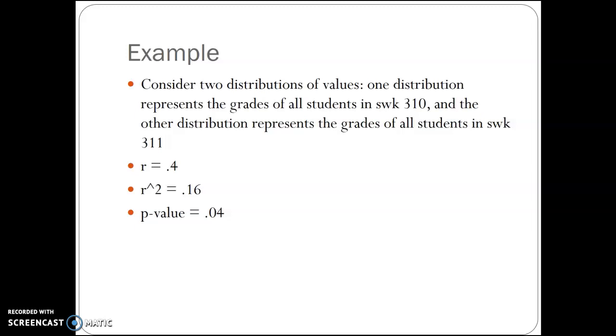If the p-value comes out to be 0.04, we successfully reject the null hypothesis because it's less than our threshold of 0.05. So we can safely reject the null hypothesis. Therefore, we conclude that there is a moderate to strong relationship between scores in 310 and 311.